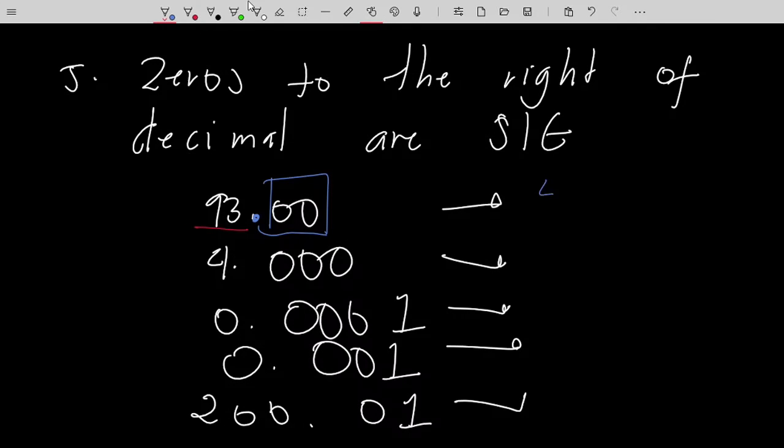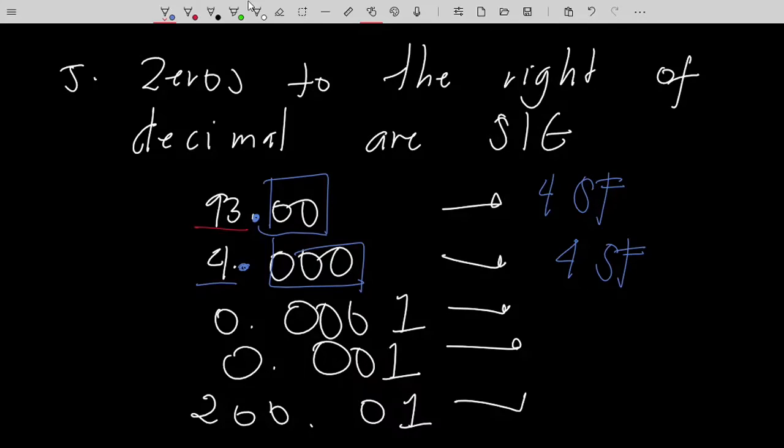So here we have four significant figures. How about the second example? We have 4 here as a non-zero, and we also have zeros here. Your 3 zeros are located right after a decimal point, so automatically these 3 zeros will be significant. So here we also have 4 significant figures.